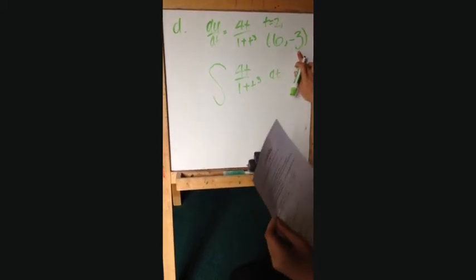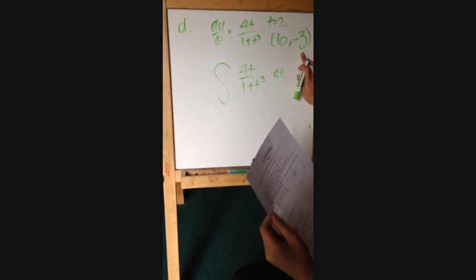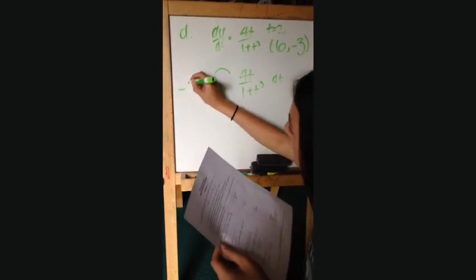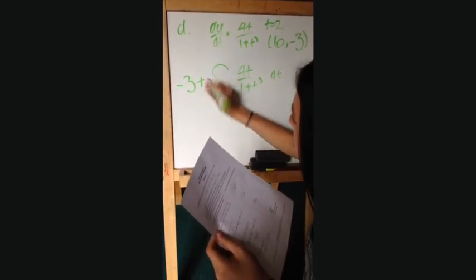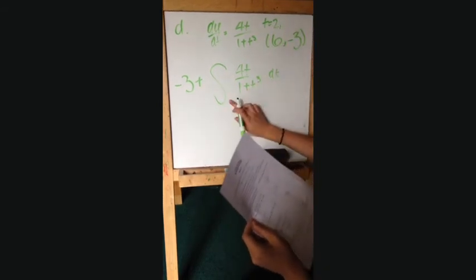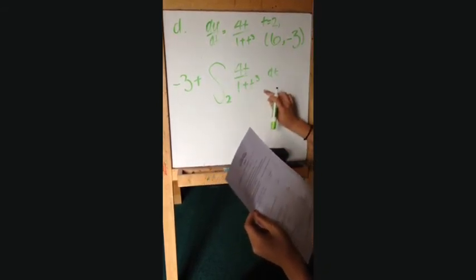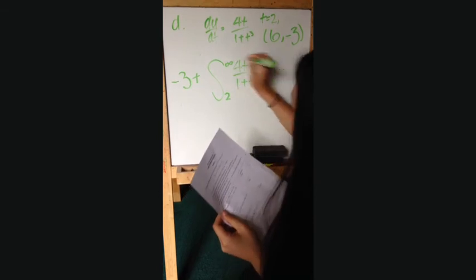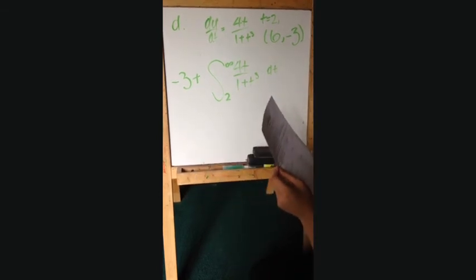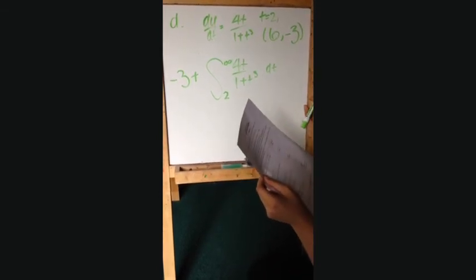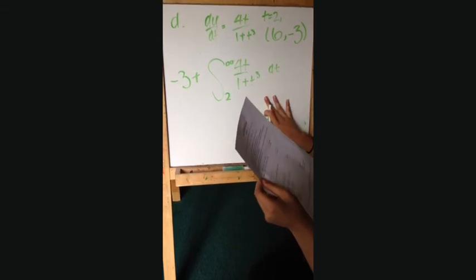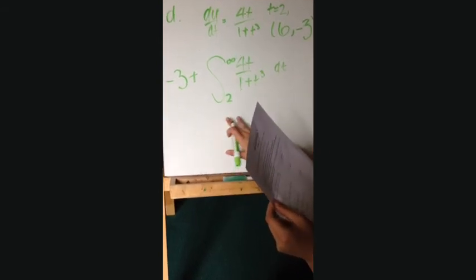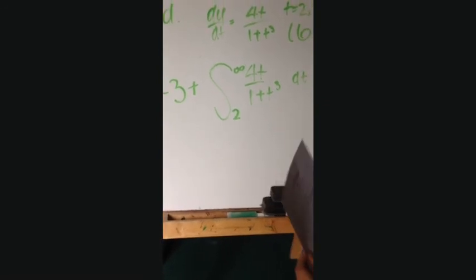So you're going to look at negative 3 because it's the y value, and so you'll put that as your initial condition. And because it's negative 3 at t equals 2, that will be your lower limit. And then you're going to go to infinity because it's a horizontal asymptote. This is your answer for the integral of the horizontal asymptote y equals c.